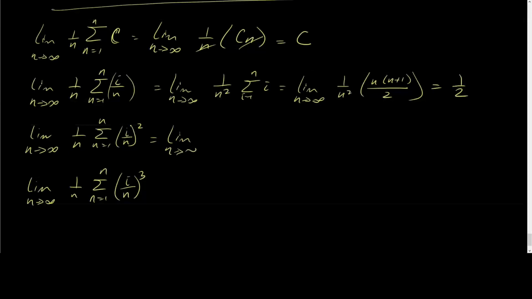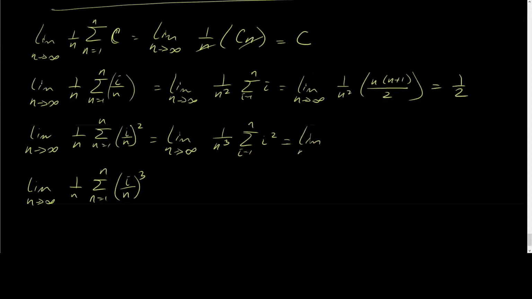In here, what we really have is i squared over n squared. Take the n squared to the outside, and I end up with 1 over n cubed times the summation of i squared, going from 1 to n. And the summation of i squared, we already know what it is.